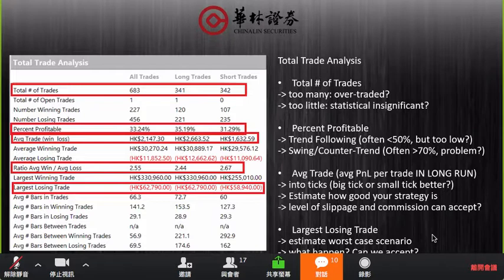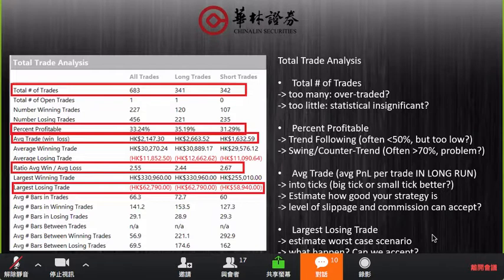And the average trade is also very important, because it indicates the P&L you can generate per trade. Of course, right here is a profit in the long run. In the long run, it's very important, because in the short run, if you just trade 10 times, quite likely you will not achieve these average figures for every single trade, because sometimes you win, sometimes you lose, right?